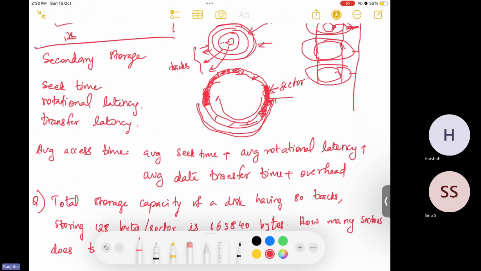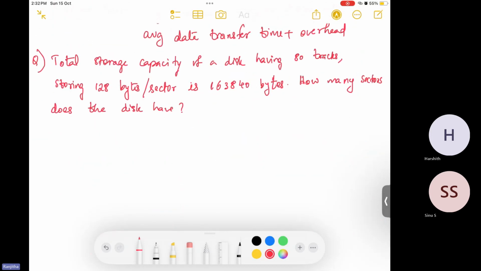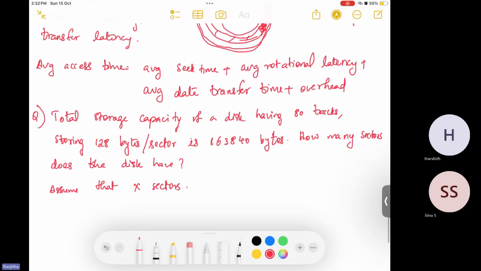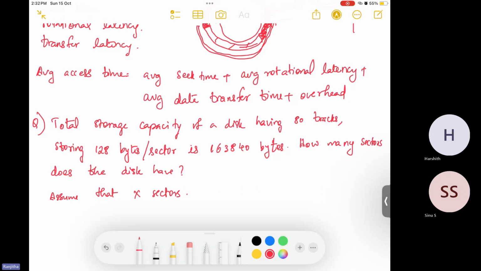Each sector will hold a certain number of bytes. Let's assume that we have S sectors per track.